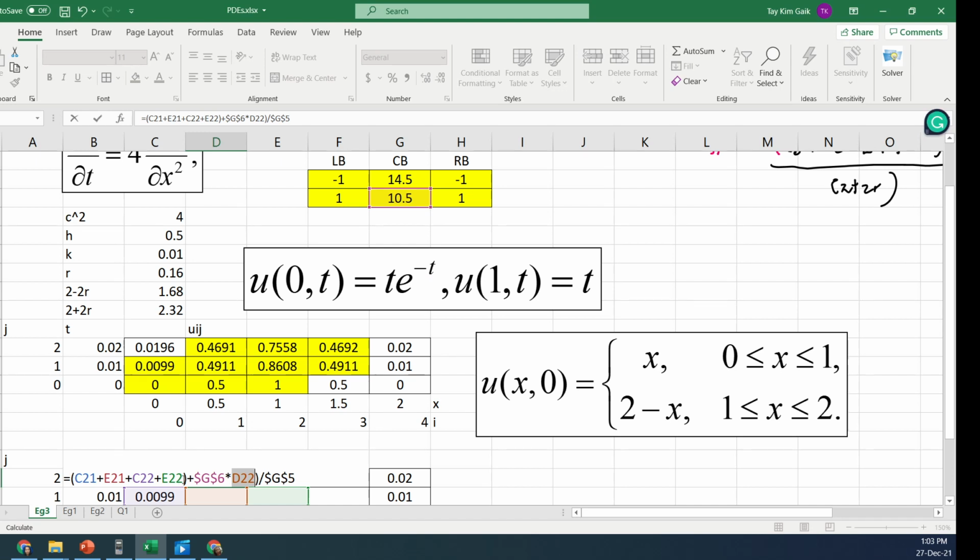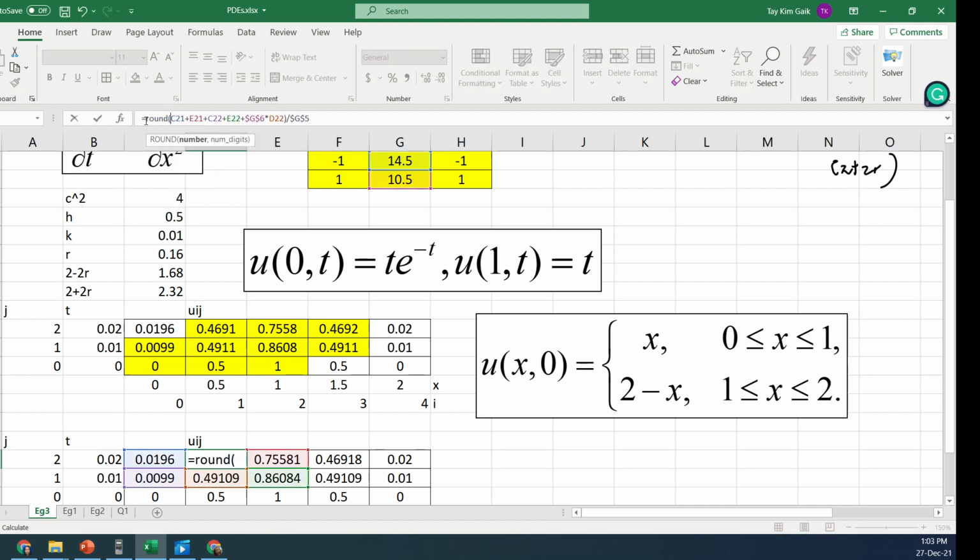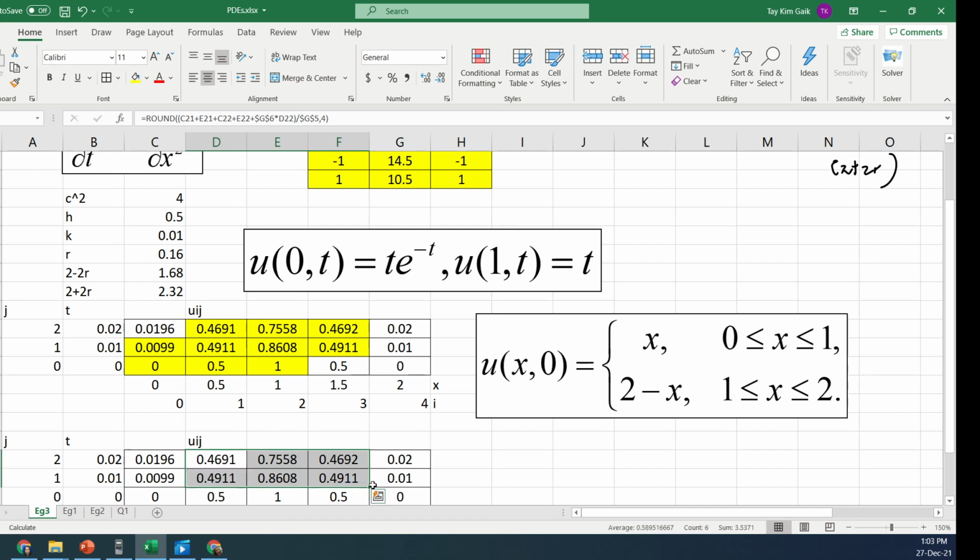Missing this one only. Then you copy down the formula. Yeah, so you see if I round it, both come to the same answer.